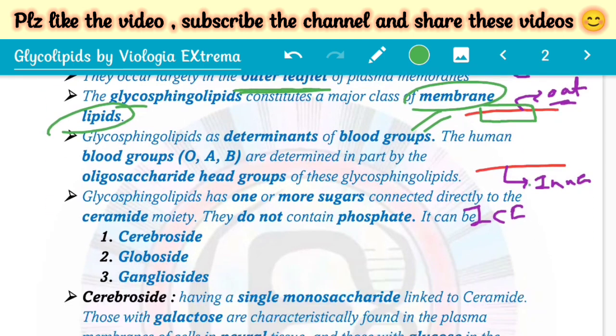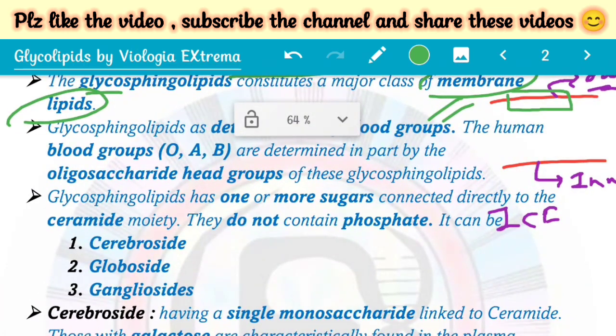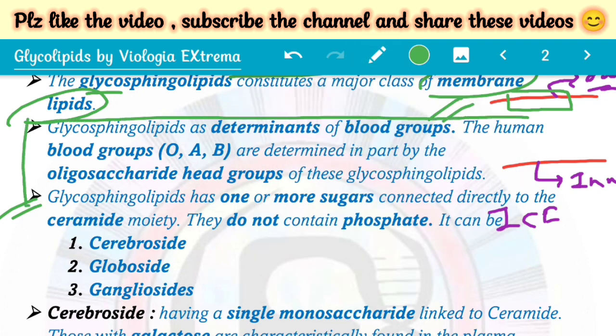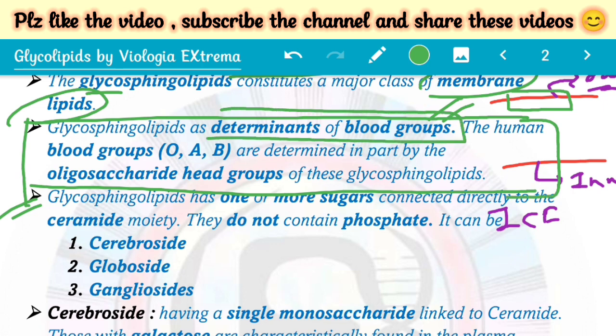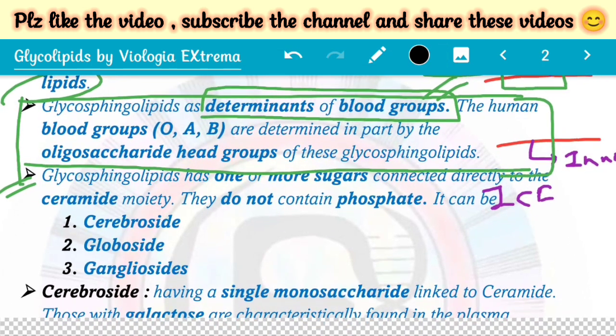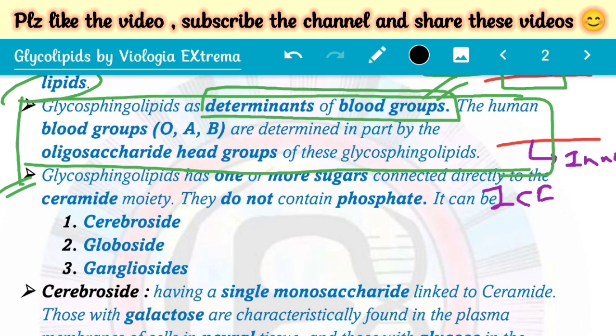Clear? Then before discussing the types, which we already discussed, one thing is very important: what is the function of these glycolipids? Due to the presence of this carbohydrate moiety, they can help in the determination of blood group. Now, without going into too much detail about how these different blood groups are determined, you know that there is A blood group, B, and there can be O blood group.